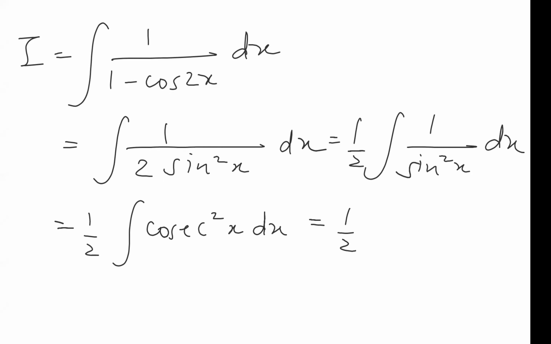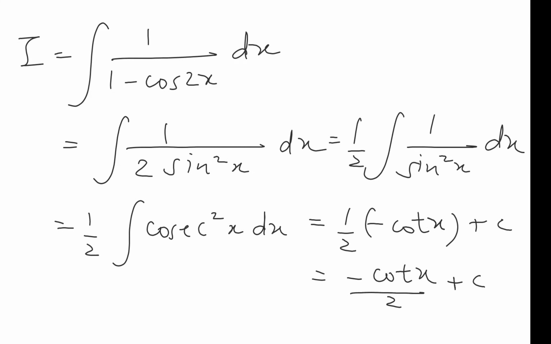Half outside, integration of cosec square x is minus cot x plus c. So this is equal to minus cot x upon 2 plus c. Is that fine?